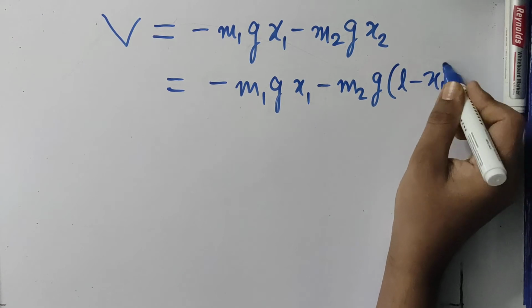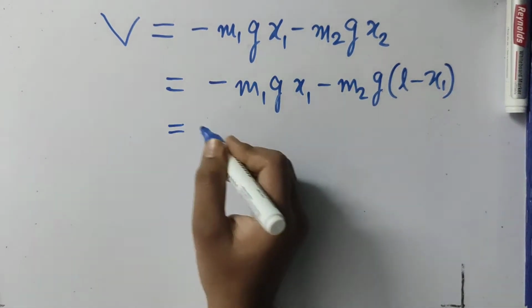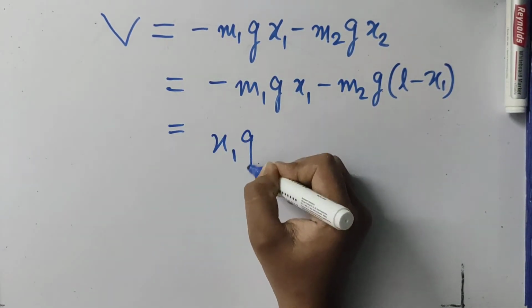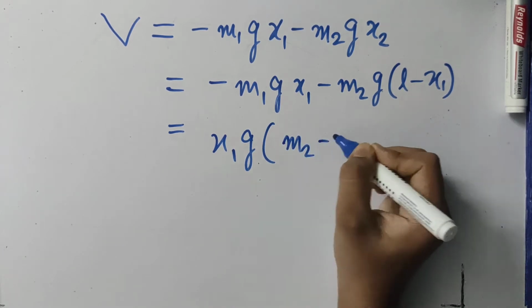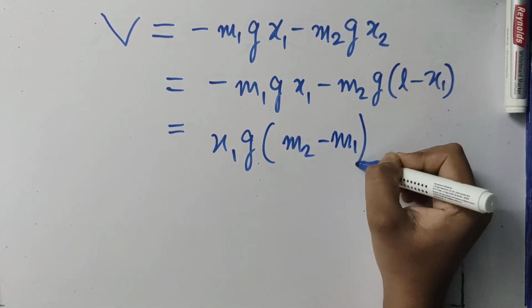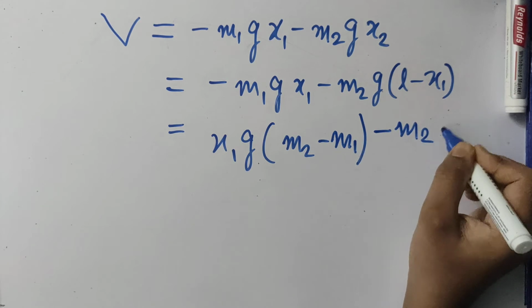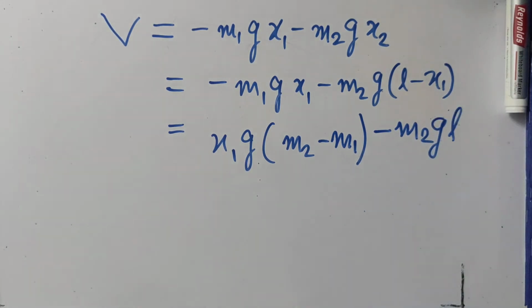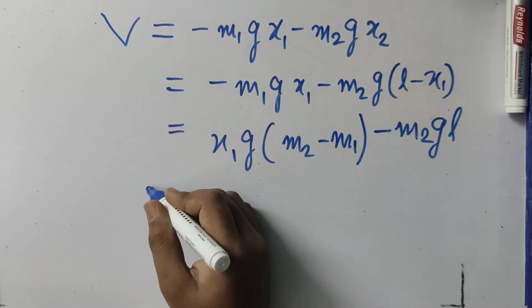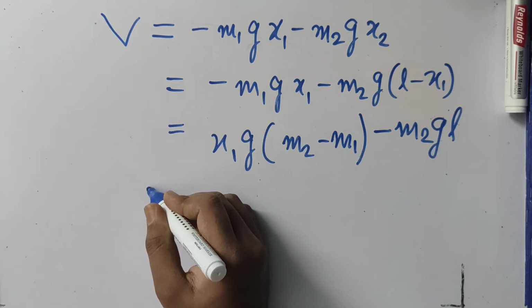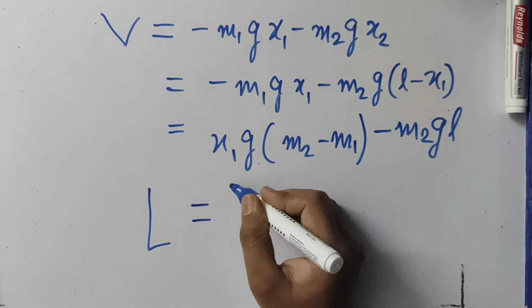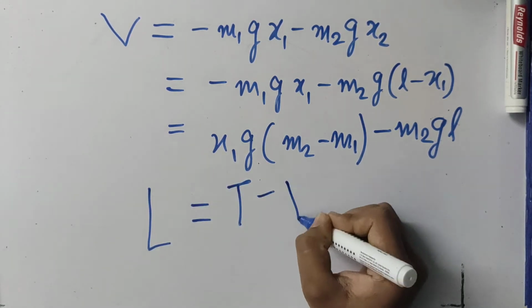L minus x1. If you simplify this, you are getting x1 g (m2 minus m1) minus m2 g L. And what is our T? Sorry, what is our L? We remember what is L. L is T minus V.